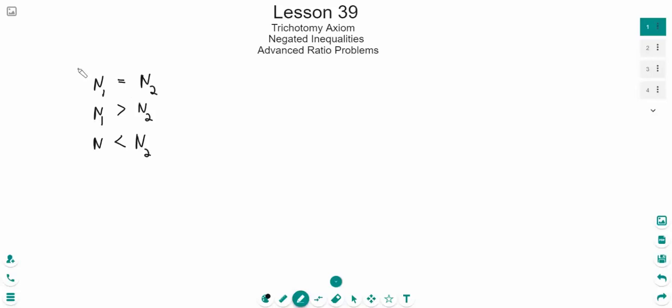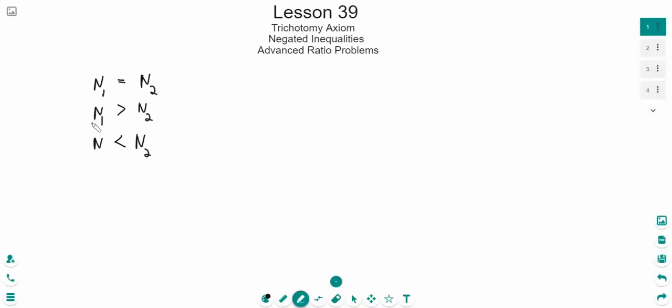So if you think of a number in your head right now, and I think of a number in my head right now, we could say that your number is equal to my number. That would be pretty coincidental. Or your number might be greater than my number, or your number may be less than my number, but there isn't any other option for those two numbers that we have selected.